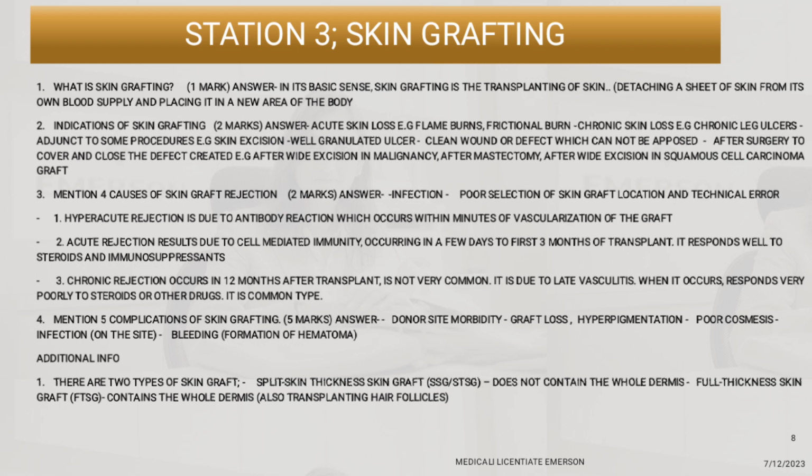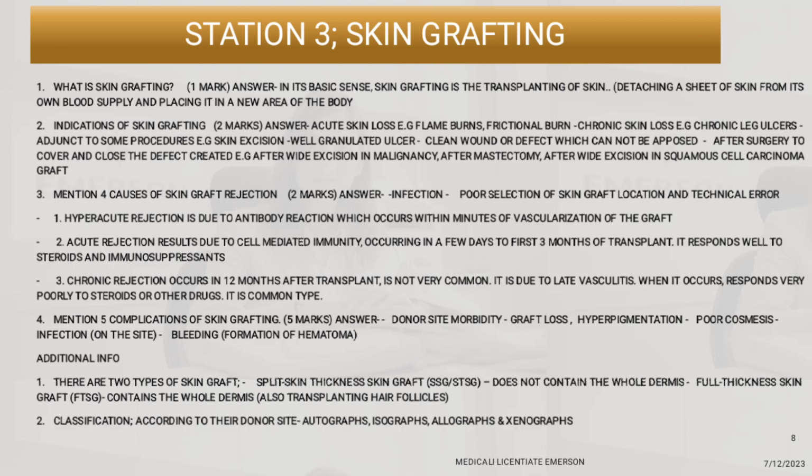Split thickness skin graft, SSG or STSG. What is a split thickness skin graft? This one does not contain the whole dermis. Then there is another one known as a full thickness skin graft, FTSG, which contains the whole dermis, also transplanting hair follicles.